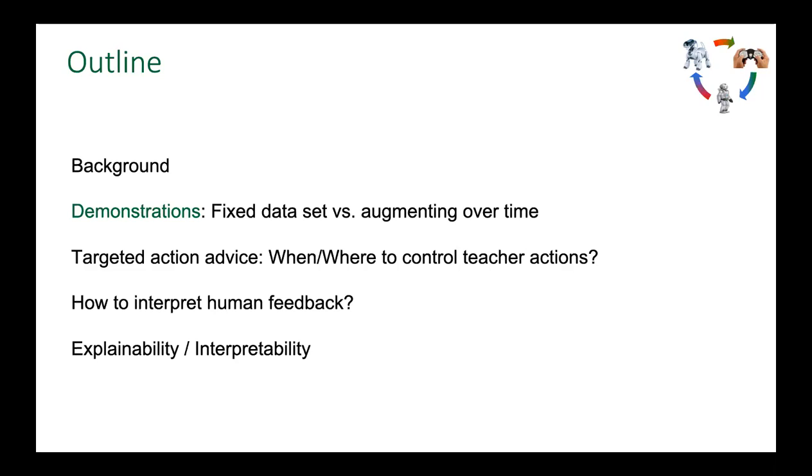Humans are confusing. How do I figure out what the human's actually trying to tell me? And lastly, if there's time, I'll touch on some explainability work and posit that explainability should help all of this. If you've got a human in the loop, it seems like if the human could better understand the agent, that would help the human give better feedback. So that's where we're going.